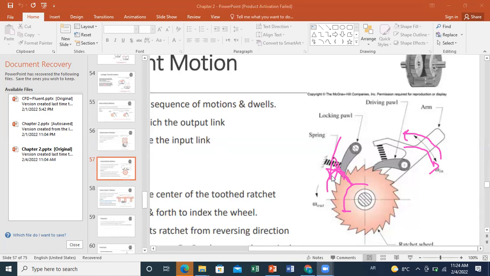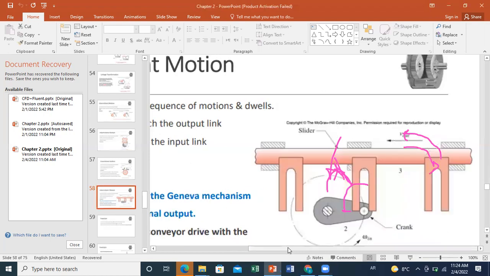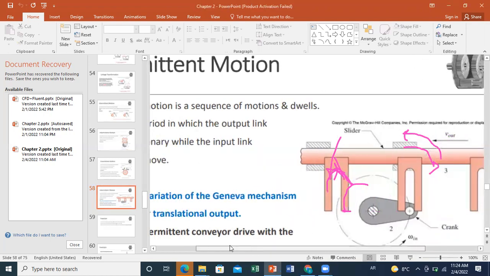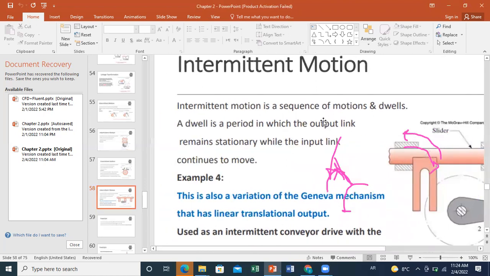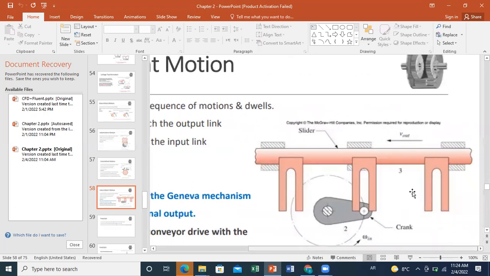Now let us consider another type of intermittent motion. It is through the following mechanism, which is another variation of the Geneva mechanism. The idea here is similar to the Geneva wheel, but here I don't want to produce intermittent rotation.